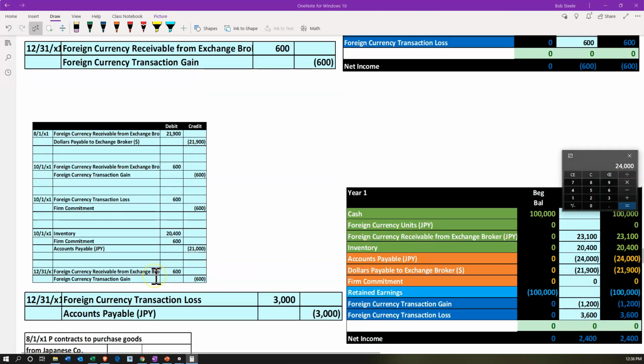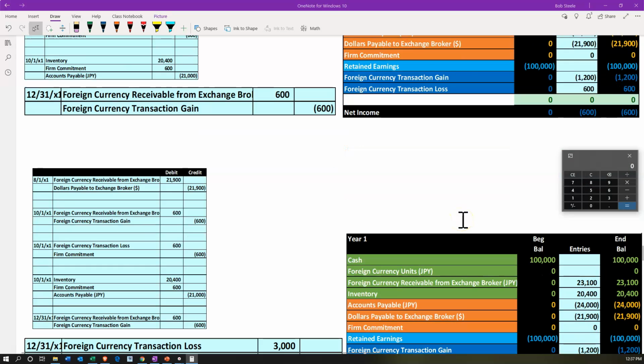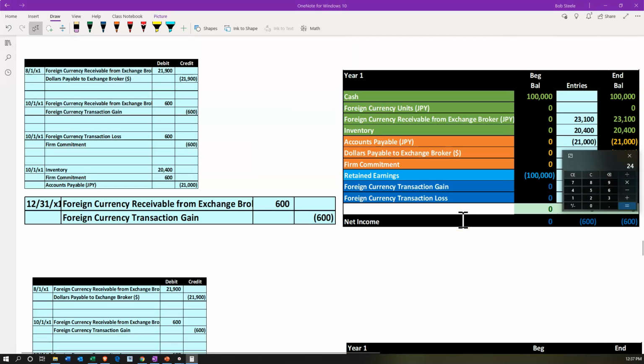And that's going to be the 24,000. So we have in it right now 21,000 before we make the adjustment. It was 24,000 that we calculated minus 21,000. That's going to be a difference of $3,000. So there's a $3,000 difference.